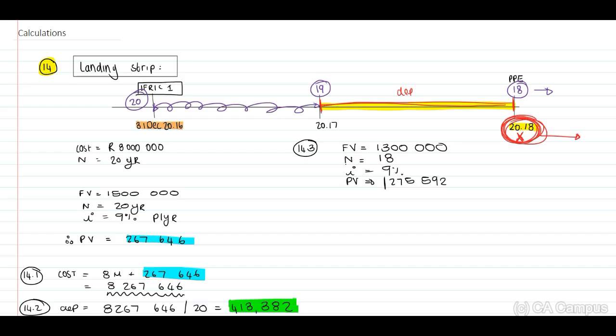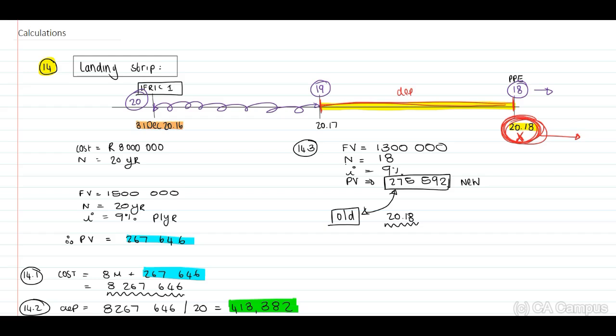Now, this will be my new value. Okay? Now, we need to account for the difference, the old versus the new. We need to determine what is the old value at the end of 20.18.